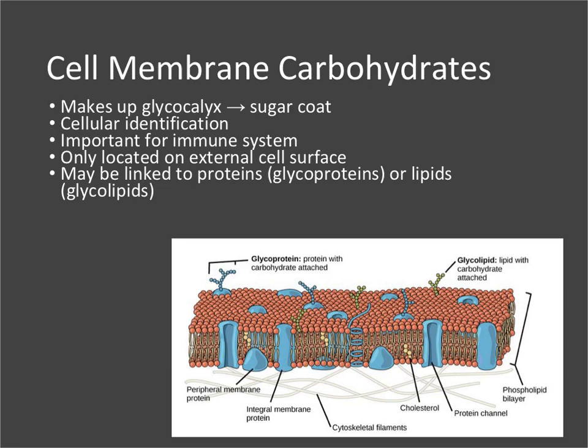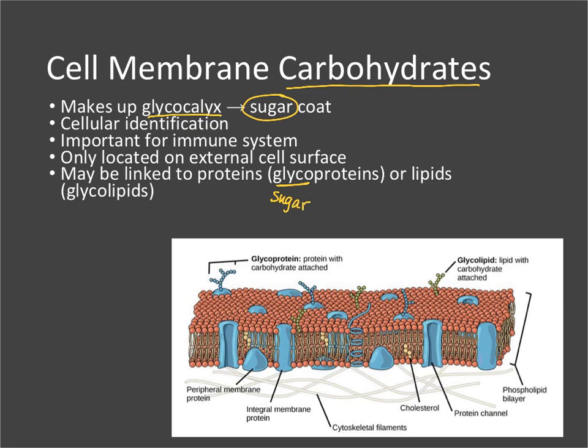So you can see here, now we're talking about the carbohydrates associated with the cell membrane, and this is a good segue to that glycocalyx that we were talking about on the previous slide. So the glycocalyx is technically called the sugar coat, but there are oftentimes other molecules that are part of that. For example, you might have a sugar molecule, so glyco has to do with sugar.